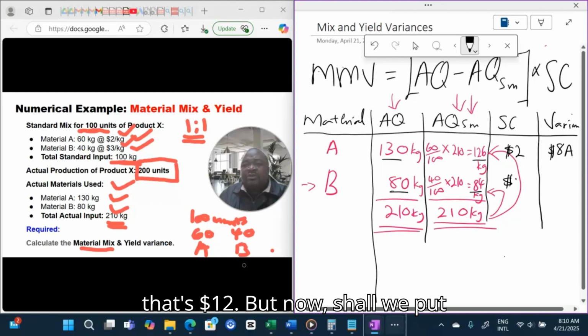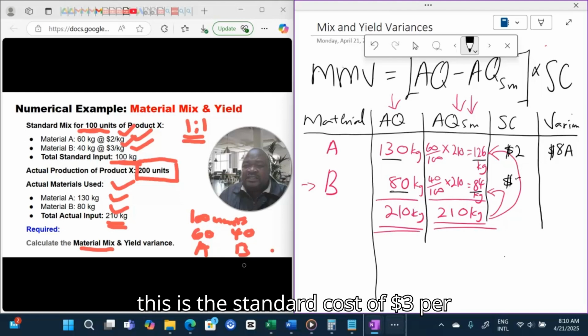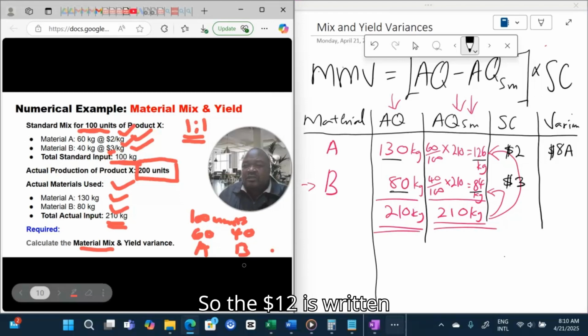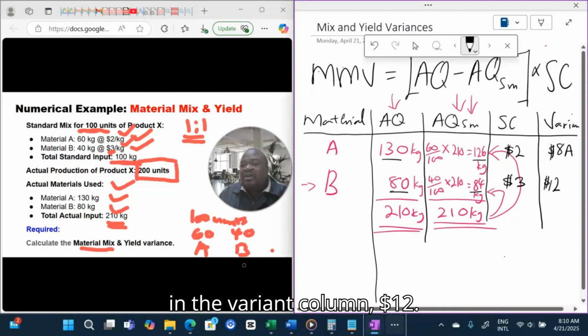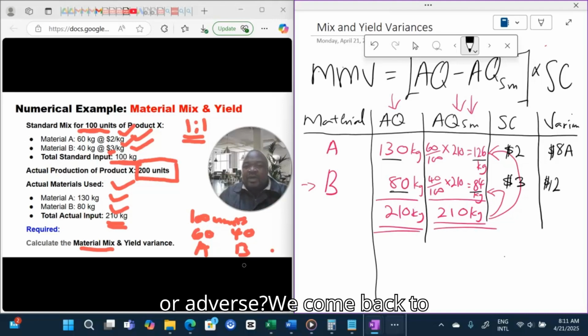But now, shall we put the $12 here? No. Here we say that this is the standard cost of $3 per unit according to the question there. So the $12 is written in the variance column, $12. But is this $12 favorable or adverse? We come back to the bracket, okay?